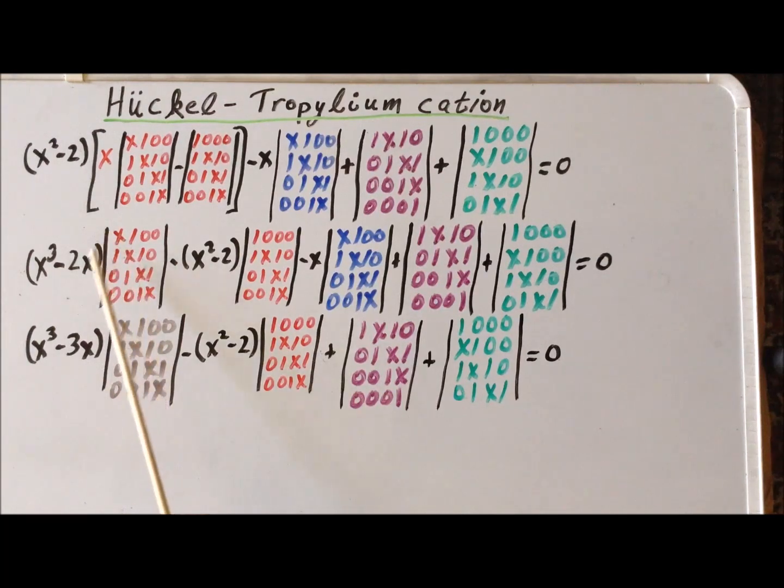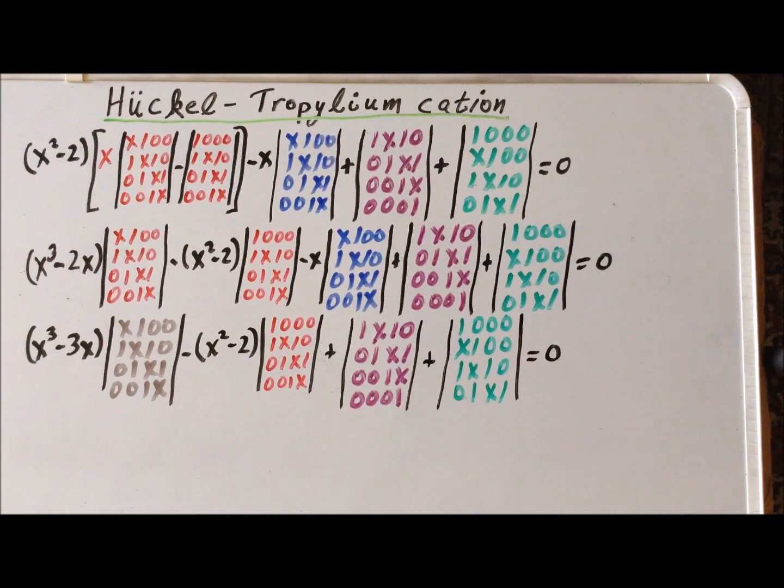Combining the first red 4 by 4 determinant and the third, the blue 4 by 4 determinant together as this brown one, we have x cubed minus 2x, and then we have another minus x here, gives us x cubed minus 3x times what is now the brown 4 by 4 determinant. The rest of the expressions, this red one here, the purple, and the green, we bring down without any further changes.